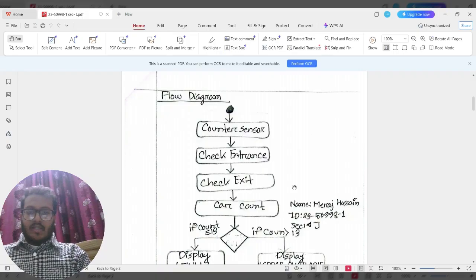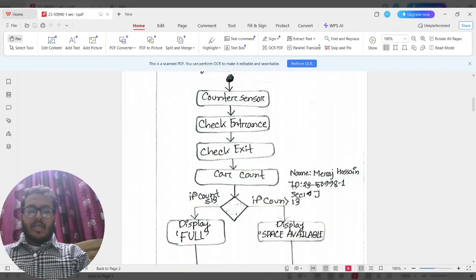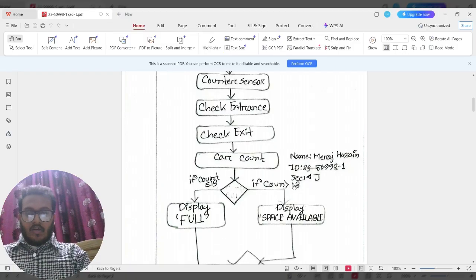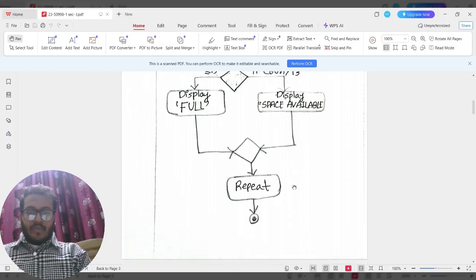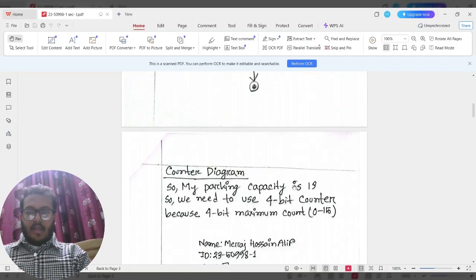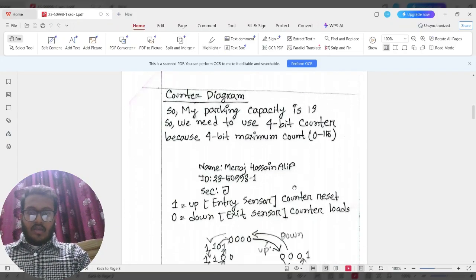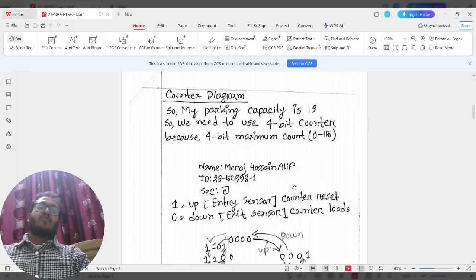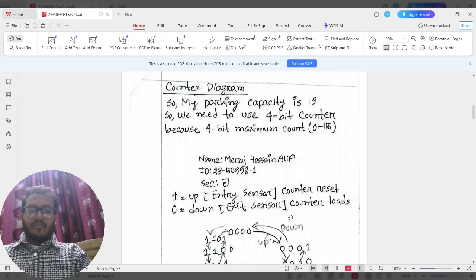Start state, counter setter, check entrance, then check exit, car count, display, and that repeats again and again. So this is my counter diagram. My capacity is 13, so we need to use a 4-bit counter, because a 4-bit counter can count from 0 to 15.